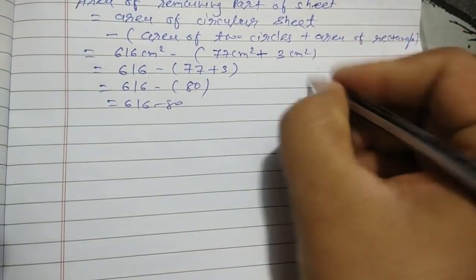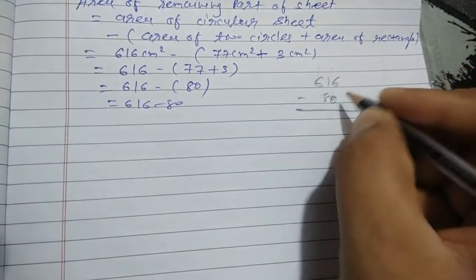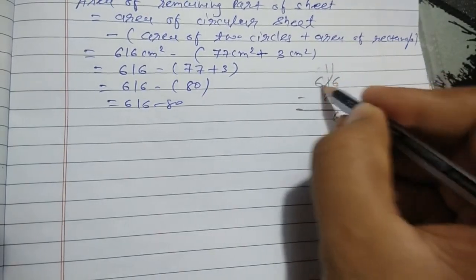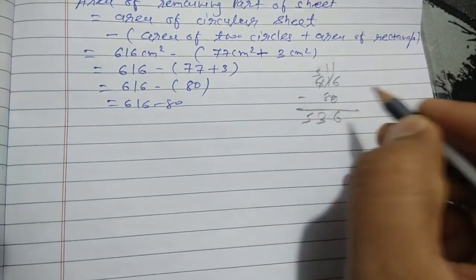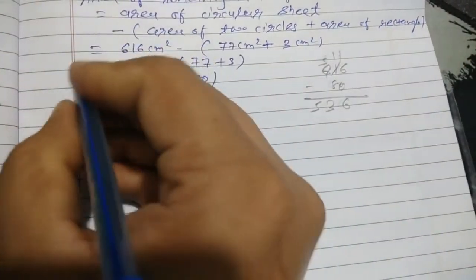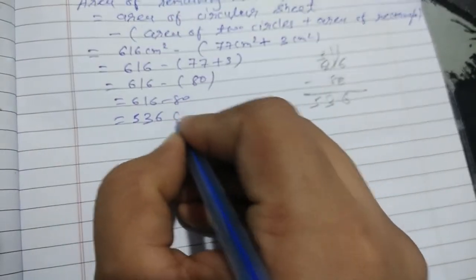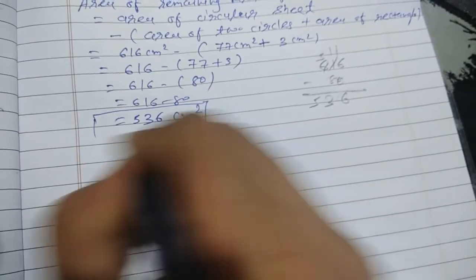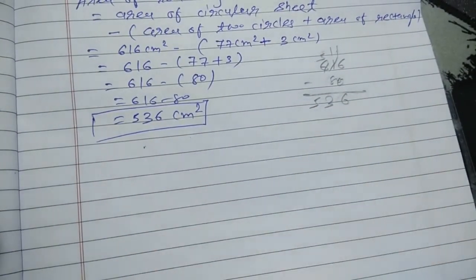That is 616 minus 80, 6 minus 0, 6, 11, 5, 11 minus 8, 3, and this is 5. So 536. So that is equal to 536 centimeter square. So area of remaining part of sheet is 536 centimeter square.